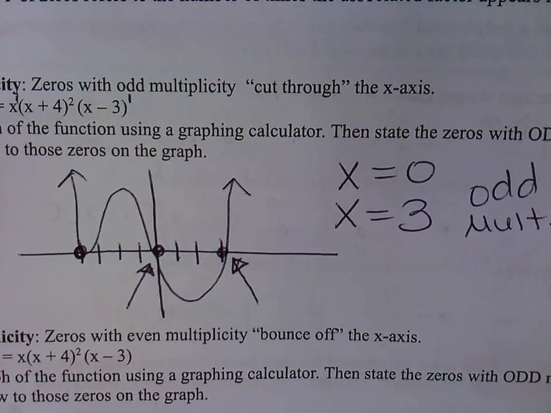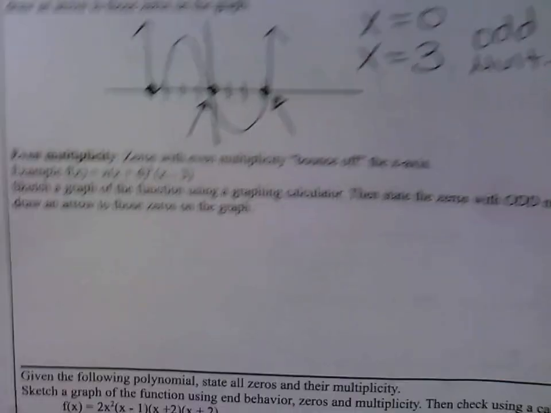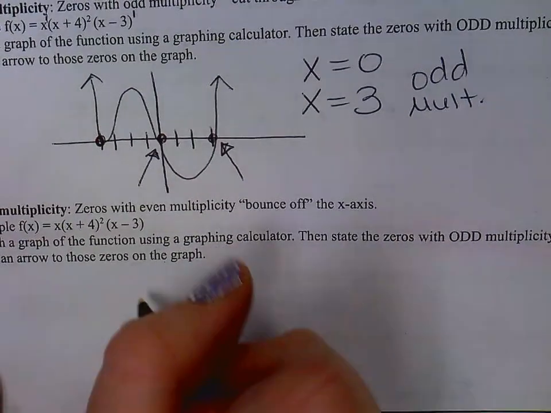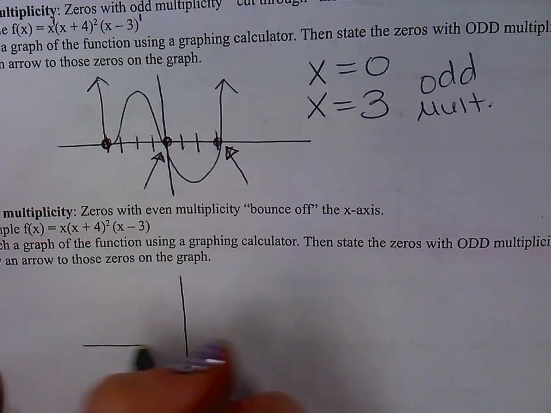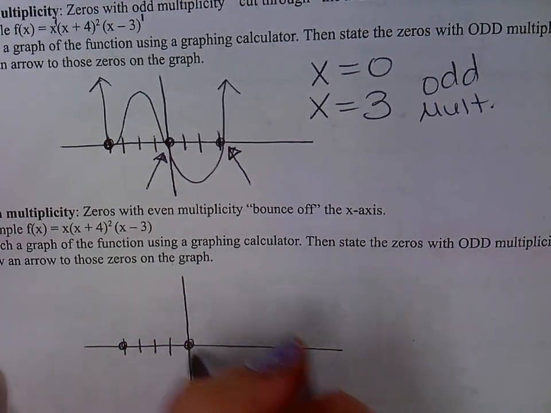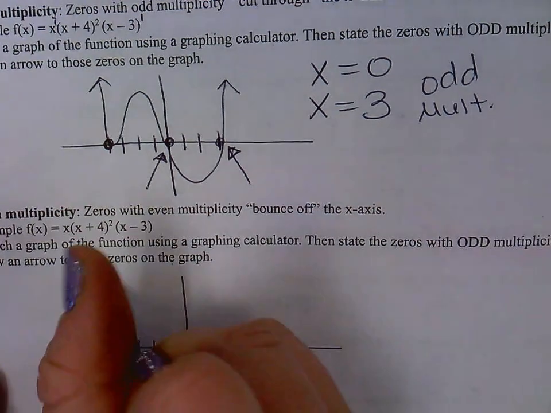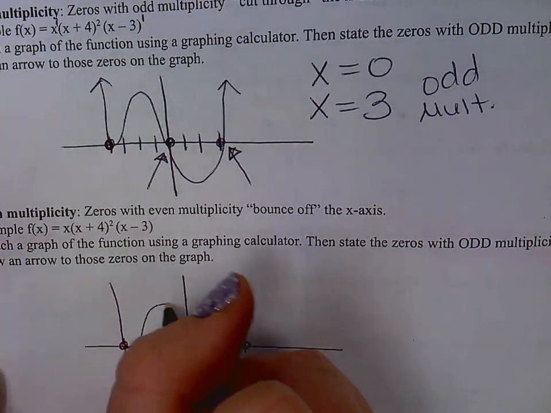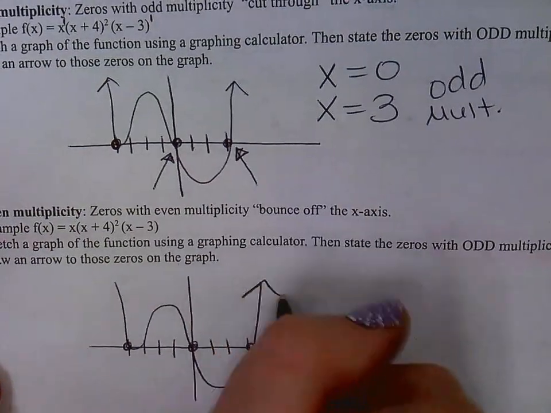All right, we're going to repeat that and draw the exact same graph down below. So try to make it look like the same graph that you just drew. 1, 2, 3, 4, 0, 1, 2, 3. So make it look like the same amount of bump and same graph.